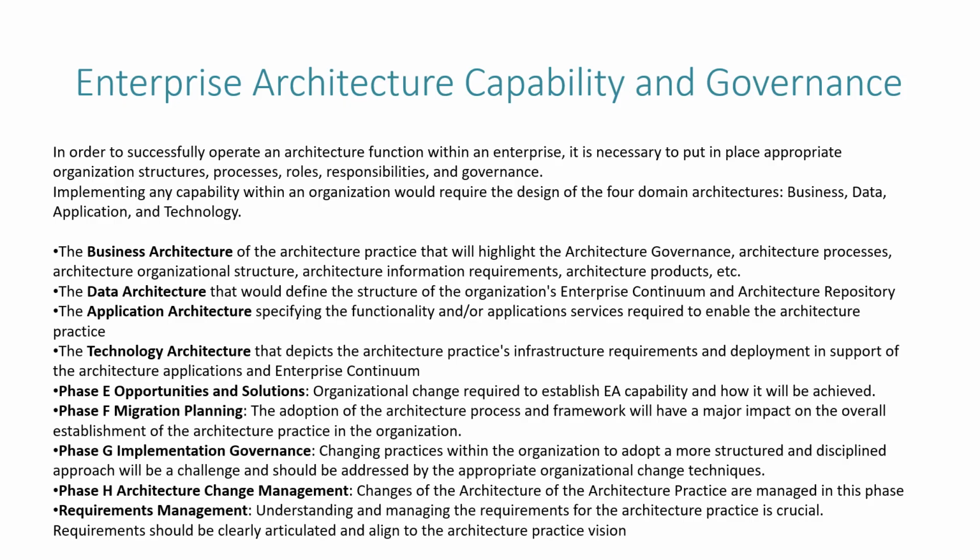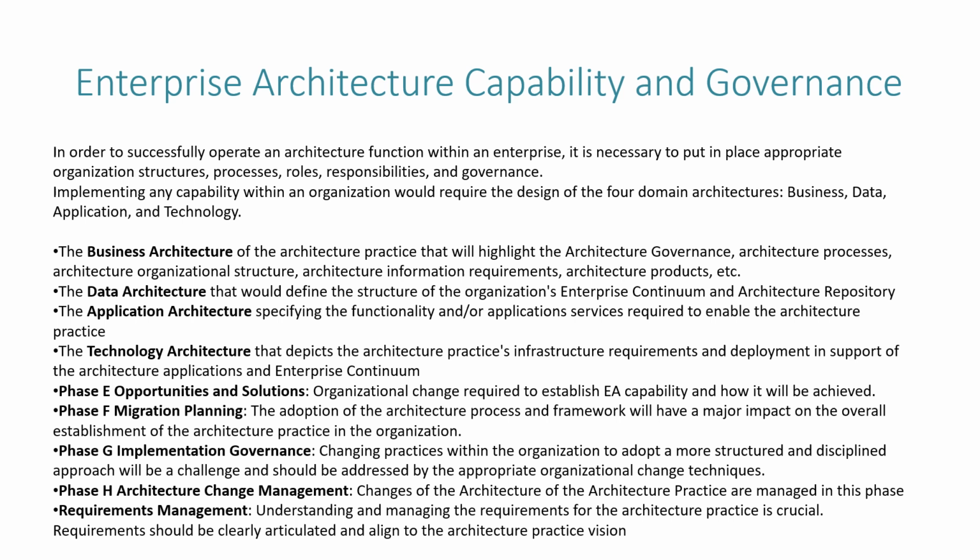And lastly, this is important: how can we use the TOGAF framework to establish the enterprise architecture capability and governance? We can use the same ADM cycle to establish the EA capability within an enterprise. Let's say we are using the ADM, then we will define the business architecture for the EA capability.